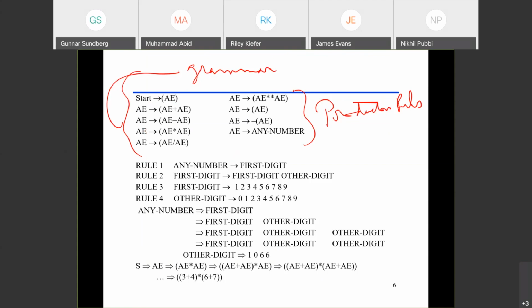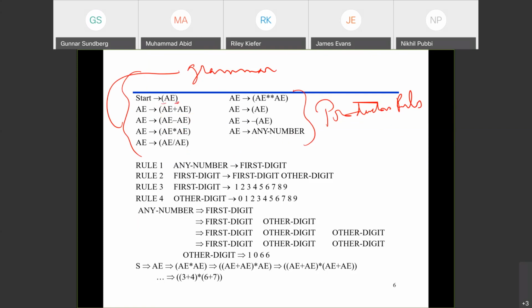So if you start from this production rule AE, then AE is a non-terminal. It can be replaced by this thing, and it can also be replaced by that thing, and this way you can apply all these production rules. AE can also be any number.